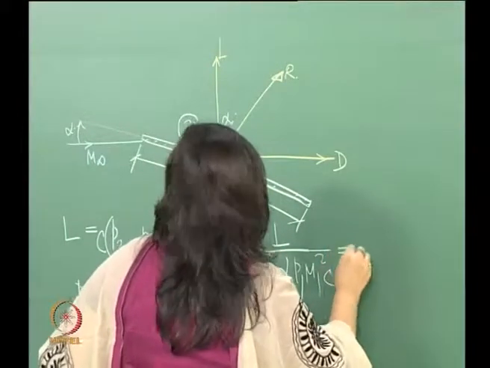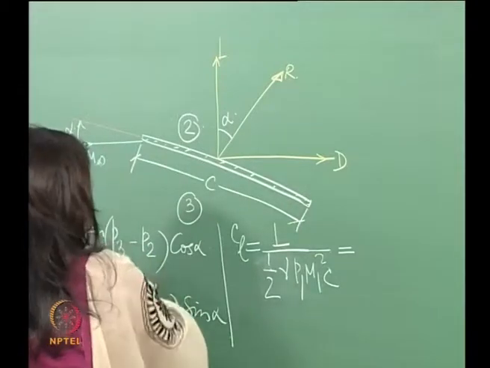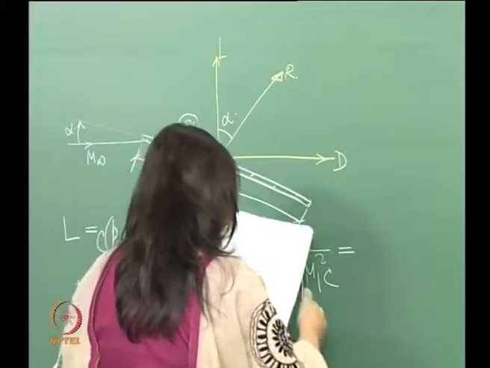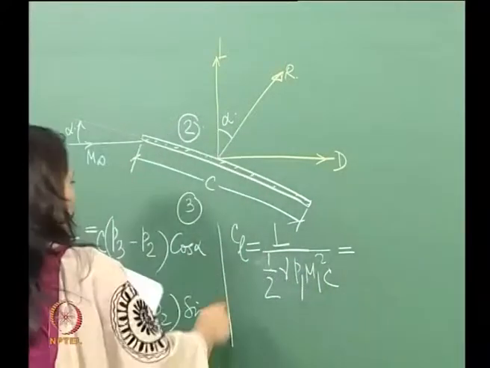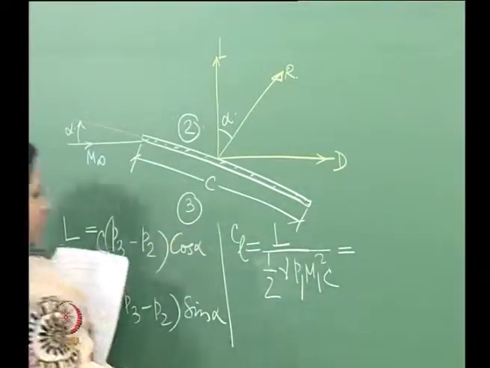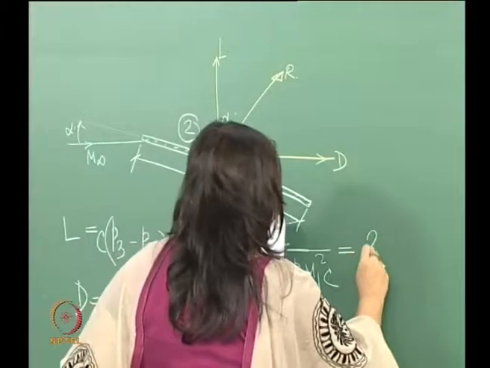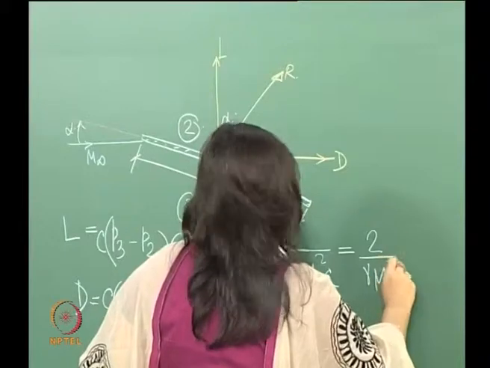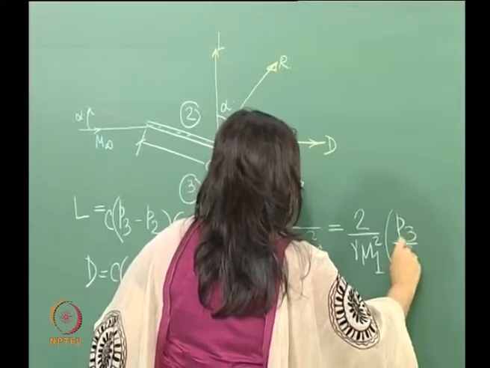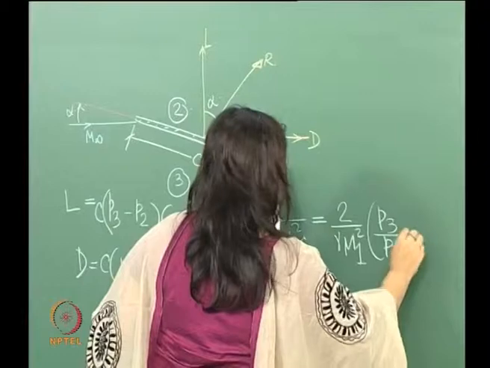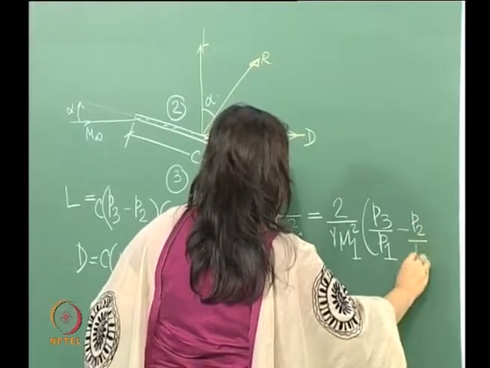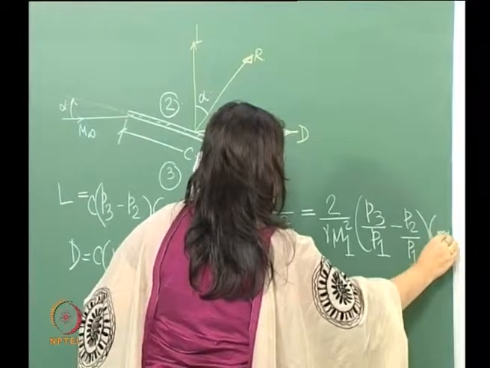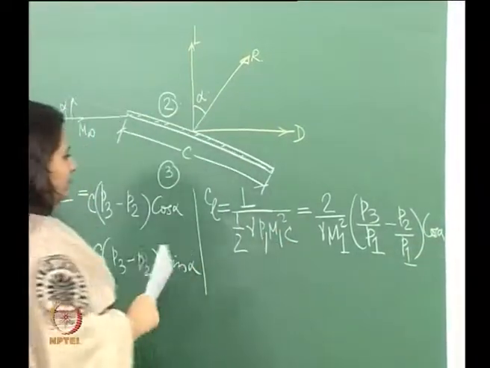So, for the lift L, we will put P 3 minus P 1 here. So, what we get if we do this is C L equals 2 by gamma M 1 square times (P 3 by P 1 minus P 2 by P 1) cos alpha, right.